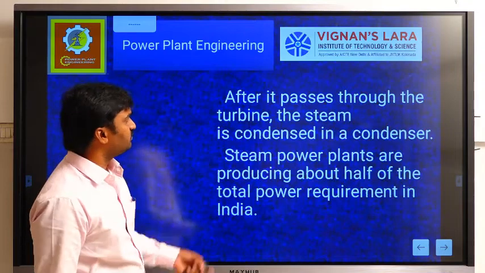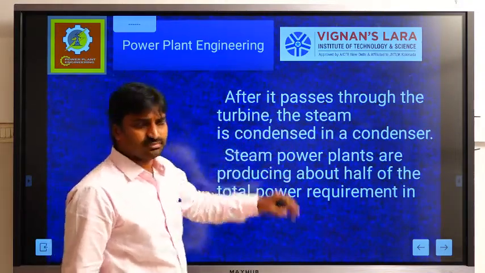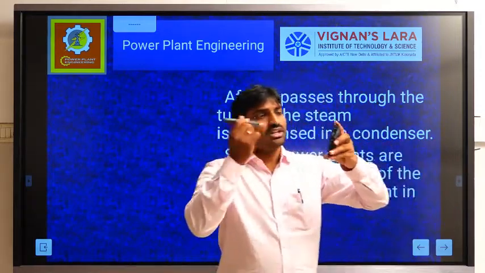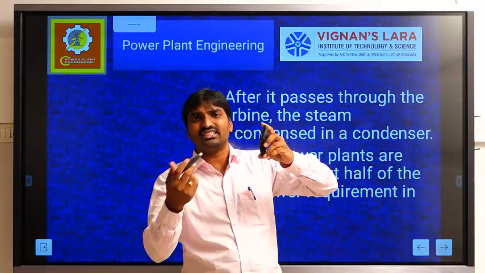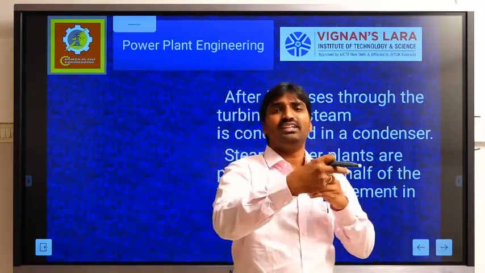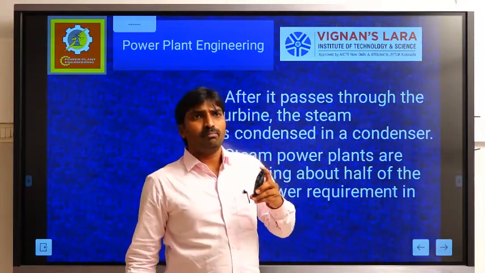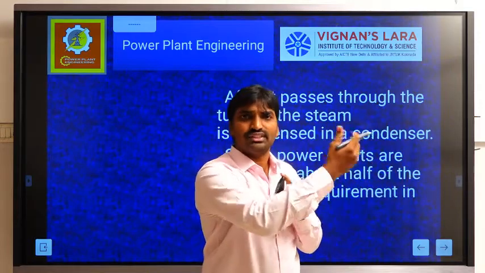So this is the functioning of a steam power plant. Next, after passing through the turbine, the steam is condensed. For example, when steam strikes the turbine blade, what happens to the steam? The steam is expanded, which means it is partly converted into liquid, but not entirely. Some amount of steam is converted.